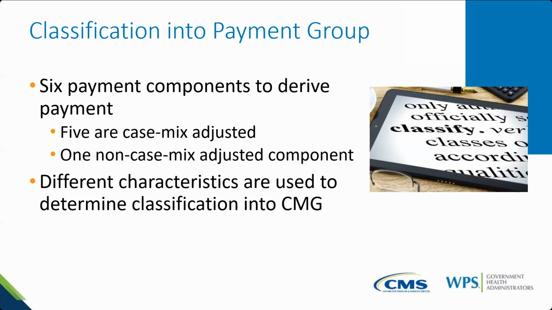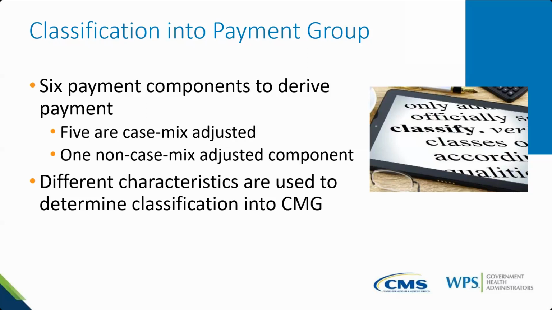These payments for each component are then added together along with non-case mix component payment rates to create a patient's total SNF PPS per diem rate under PDPM. So I know that's a handful, but it will all make sense in a little bit.